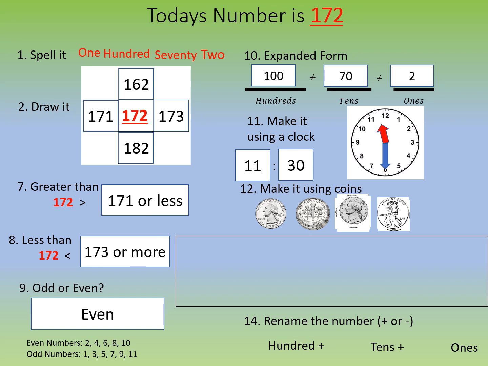Let's start off with the quarter. A quarter is worth 25 cents. So we have 25, 50, 75, $1. 4 quarters equal $1. We need $1.72.